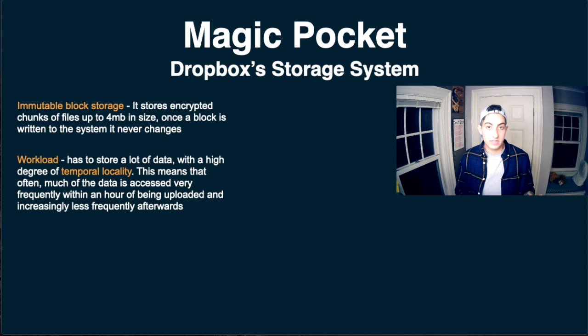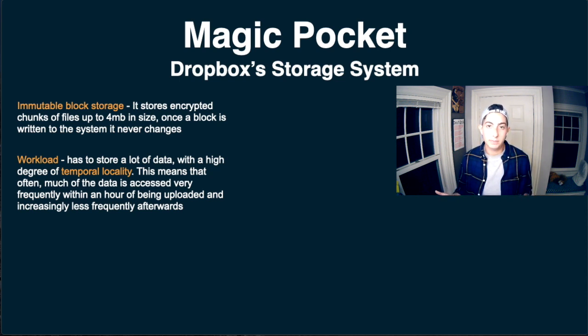The workload of this system is pretty hefty, right? It has to store a lot of data. This data has a high degree of temporal locality. What does that mean? It's just a fancy way of saying that the data is accessed very frequently within about an hour of being uploaded, and then increasingly less frequently afterwards.